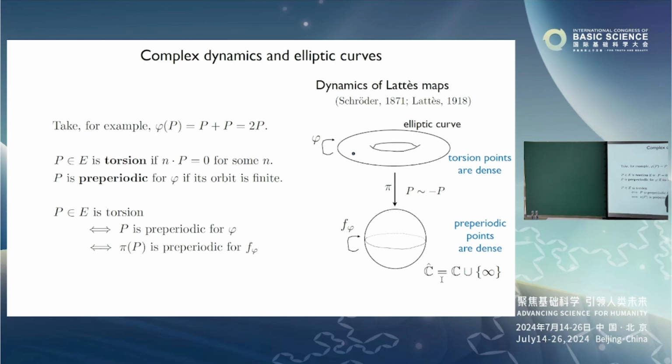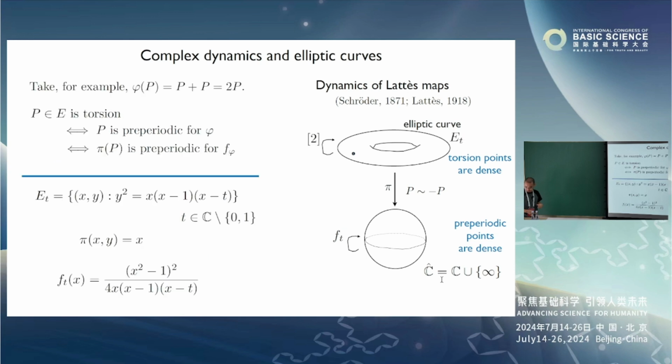You take the involution, P and minus P, and map these 2 points into 1 point, and you get P1. And this is preperiodic for some f, the induced map of the multiplication by 2 map from the elliptic curve to P1. So this is the connection between torsion and dynamics.